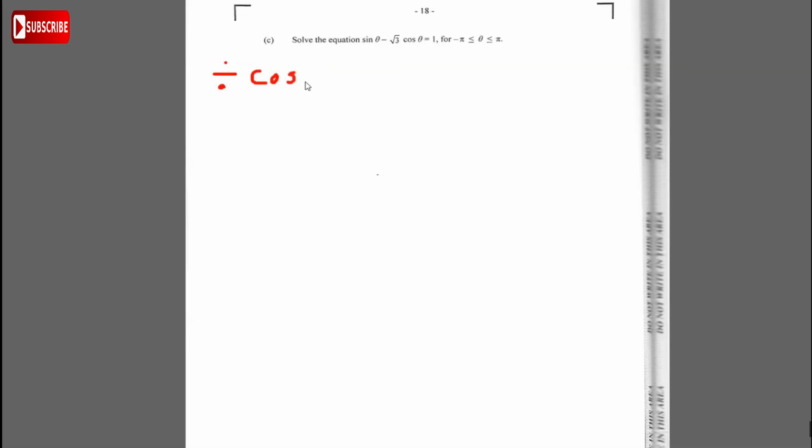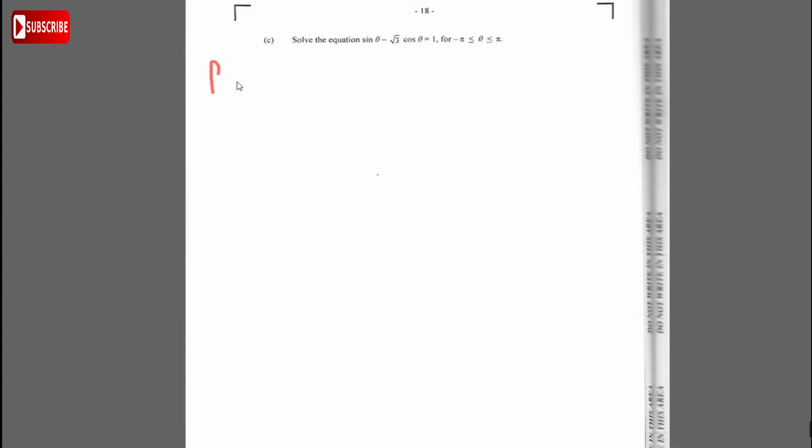Then sine theta over cos theta gives me tan theta. All right, let's not do it this way. First thing I'm going to do is rewrite it in the r cos form. When it's equal to 0, it's easier to do that.